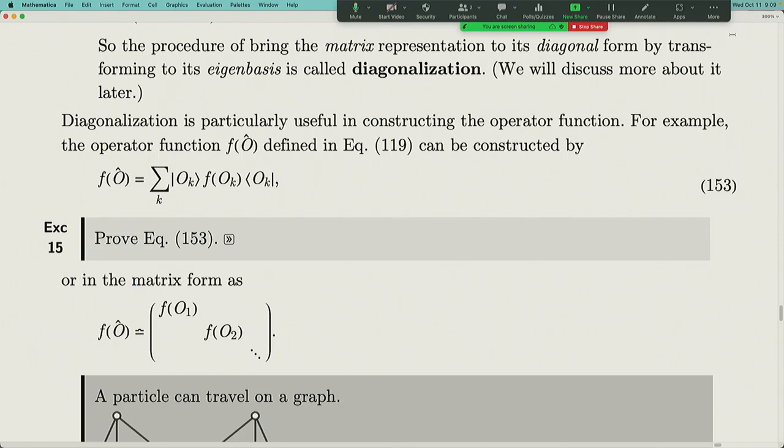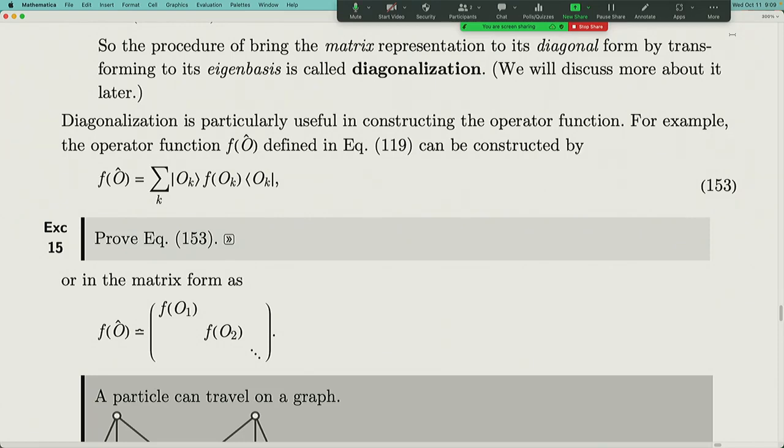But what diagonalization brings us is that it allows us to choose a new basis to represent the same operator function. The result of the operator function is still an operator, but the new operator can be constructed in such a way that you only need to take the eigenket and eigenbra, and replace the eigenvalue by this function acting on the eigenvalue. The function will map the eigenvalue to new real values.